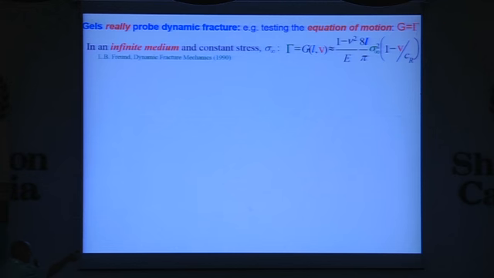Now we can take this and derive the equation of motion looking at the instantaneous crack velocity as a function of the length of the crack. And when we do that, these are 4 or 5 different experiments that we've done, each one with a different applied stress. And we see that the dots are measurements, and the lines are basically the prediction of the LEFM equation of motion with absolutely no adjustable parameters.